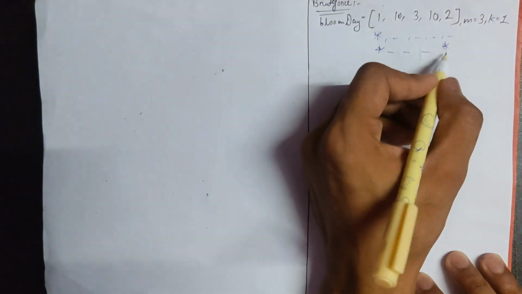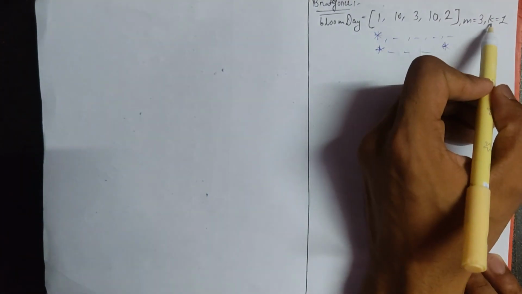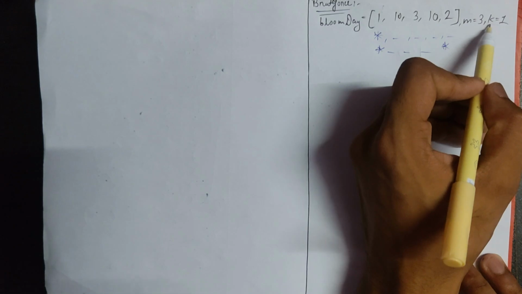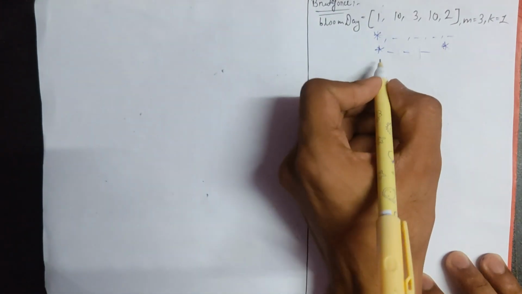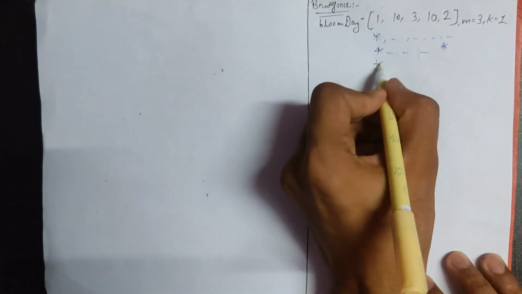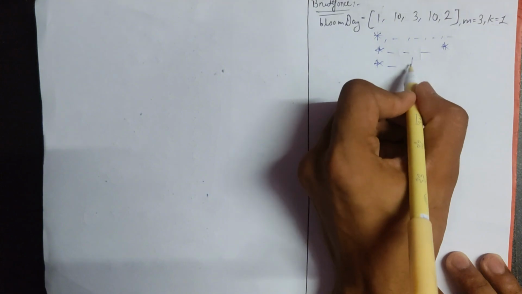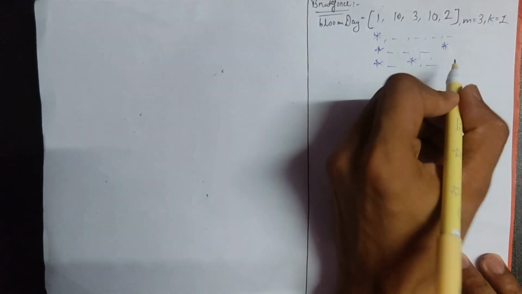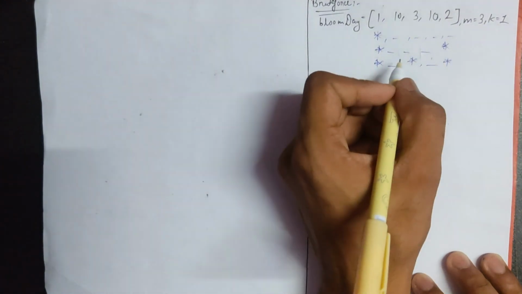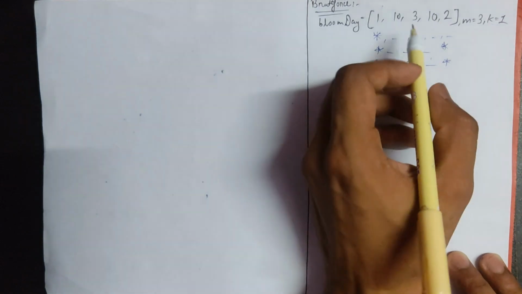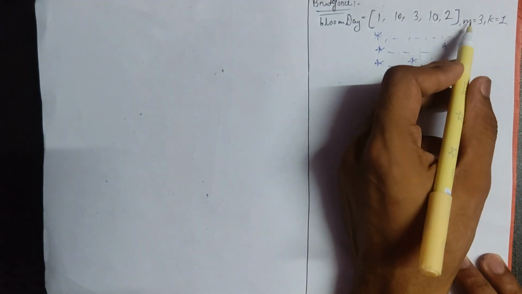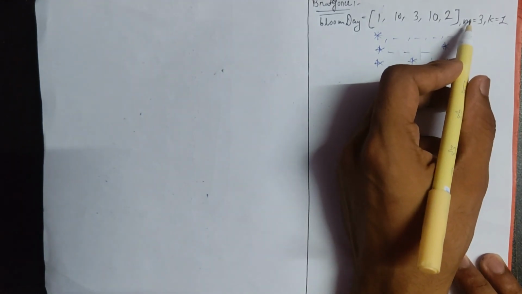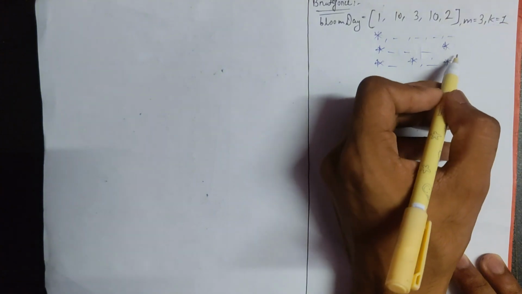So we can take 2 flowers, and k represents the number of flowers we have to take adjacently. And at day 3 we can pick this flower and this flower, and this is our desired answer because we are given m equal to 3, for which we have to return the minimum days for picking the flowers.